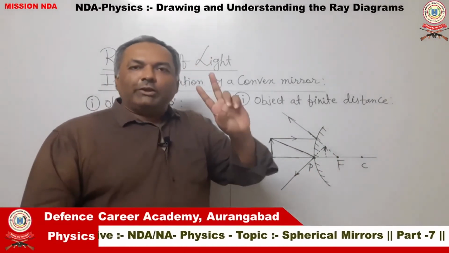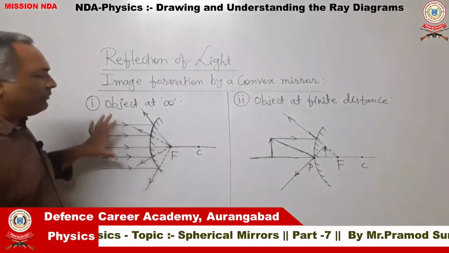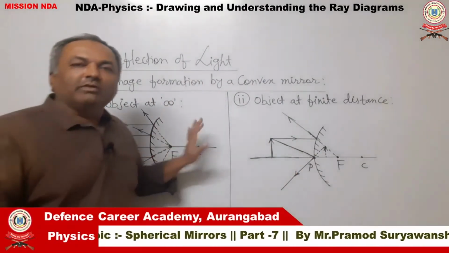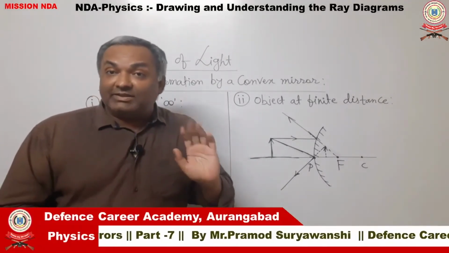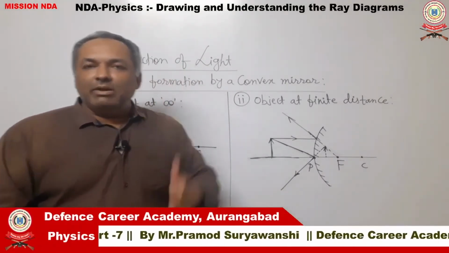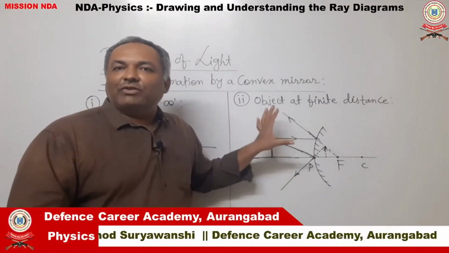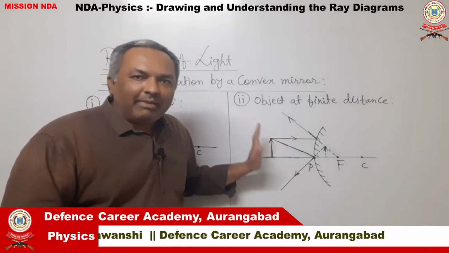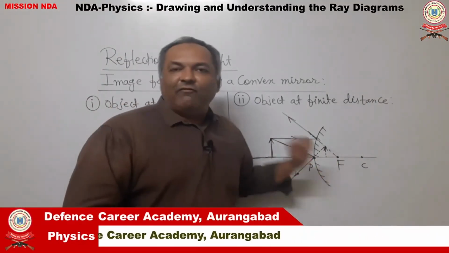So, there are only two image formations in case of a convex mirror. First, object at infinity, image at focus. It is virtual, erect, point size, that is diminished or highly diminished. Object at a finite distance in front of the convex mirror, image is behind the mirror between pole and focus.